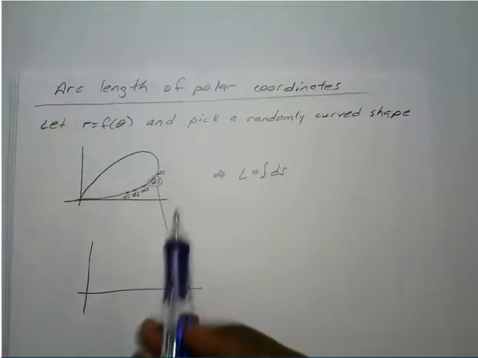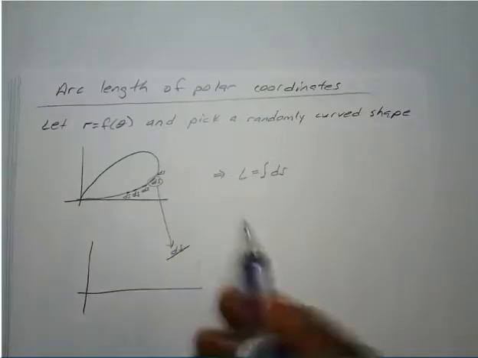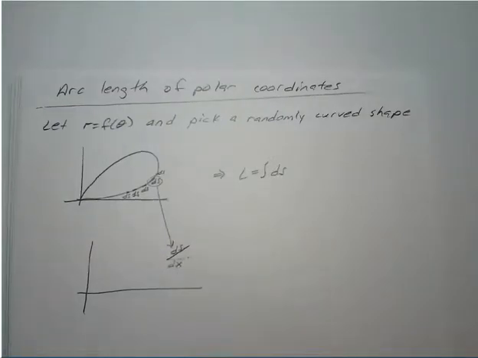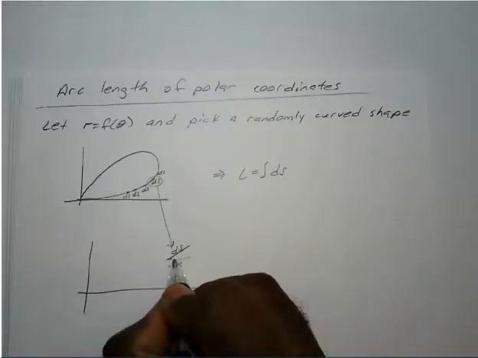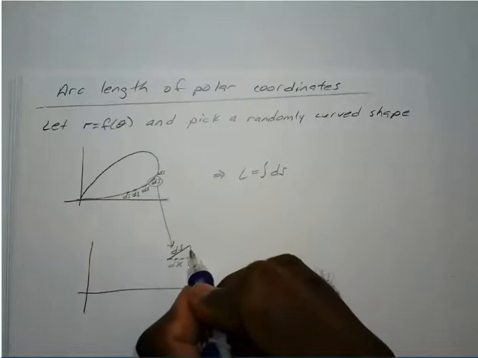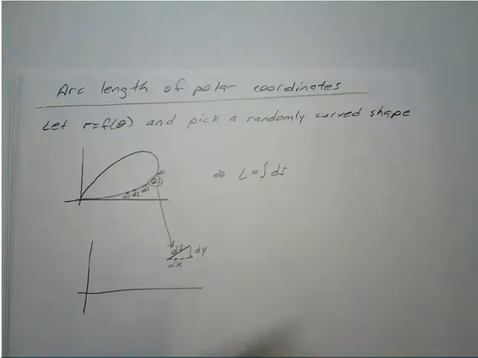Now for that ds, remember this is your x-axis. So this down here is going to be your length of x, and this is going to be your length of y.